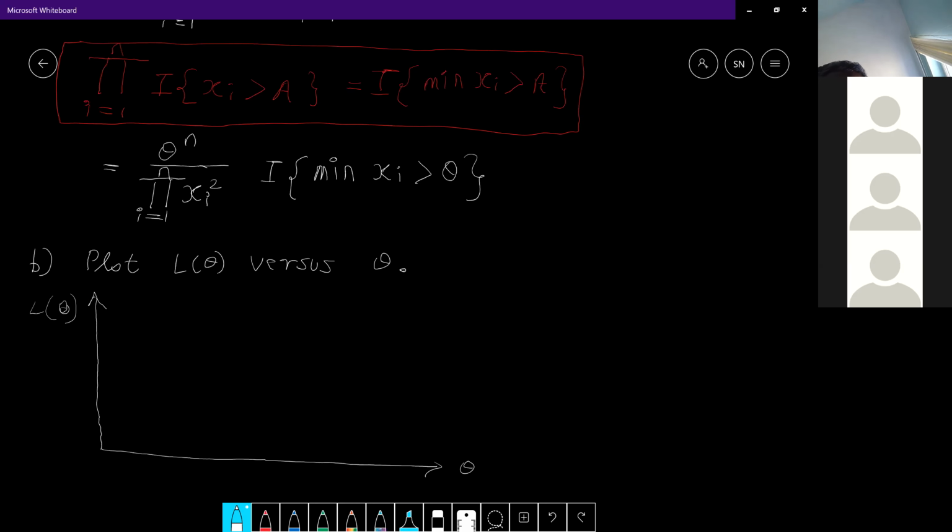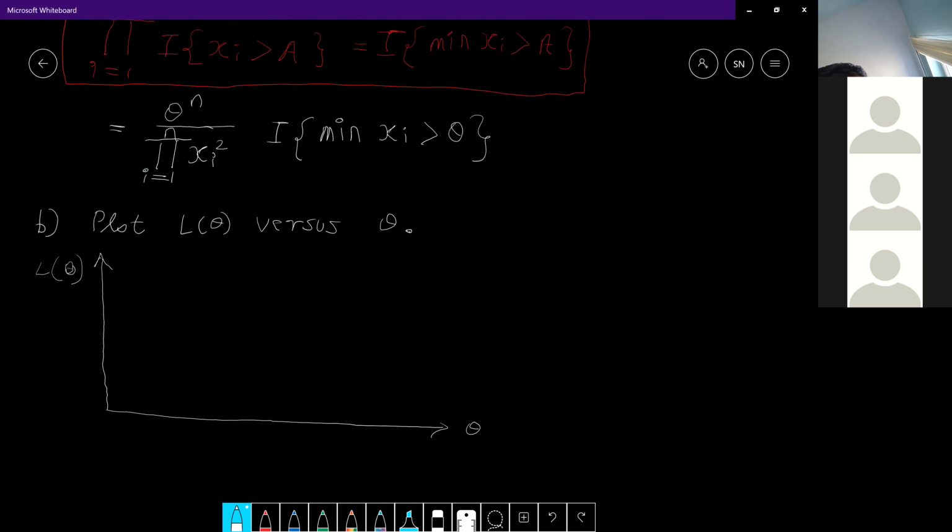So suppose this point here corresponds to the minimum of xi. Then your plot will look like this.